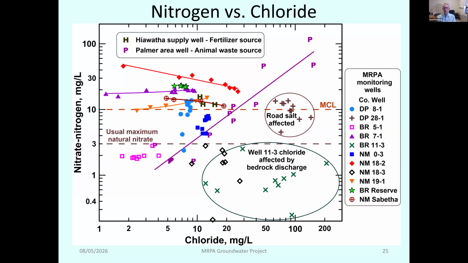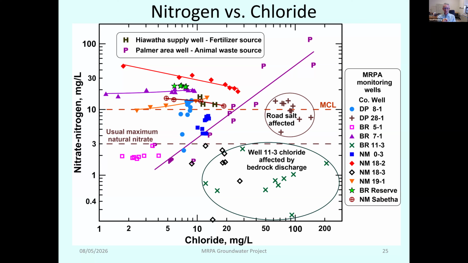And if you continue to extend that line up off of the graph, in other words, to higher nitrate and higher chloride, you go up to the actual composition of both dairy cow waste and also the hog swine waste. So this is the kind of best fit line you get for that kind of source. In other words, the higher the nitrate, the higher the chloride.